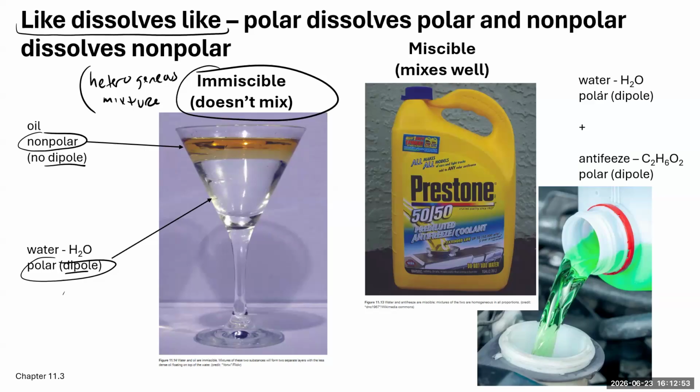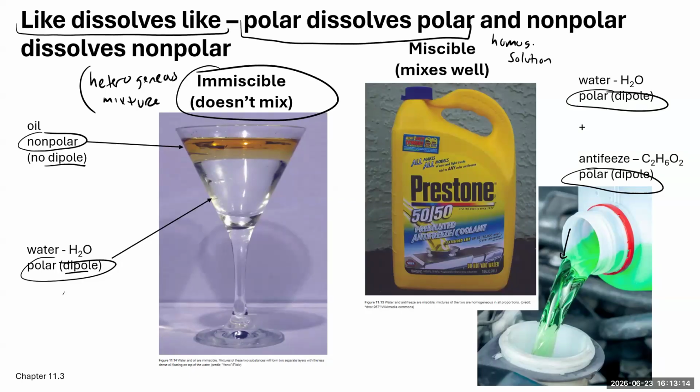Miscible is when you have something that mixes together well, and polar will dissolve polar. So we have polar water and we have polar antifreeze. You mix those together and it looks like one thing. So this is a solution, or a homogeneous mixture, right?